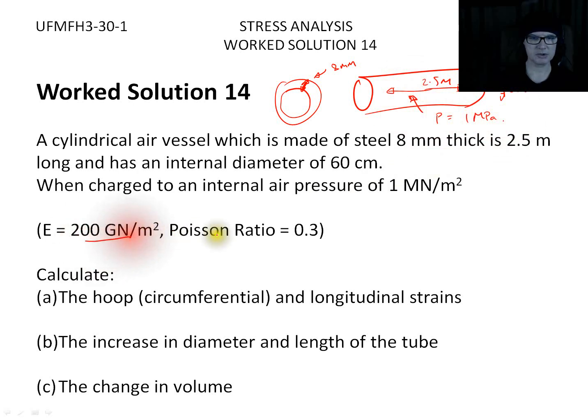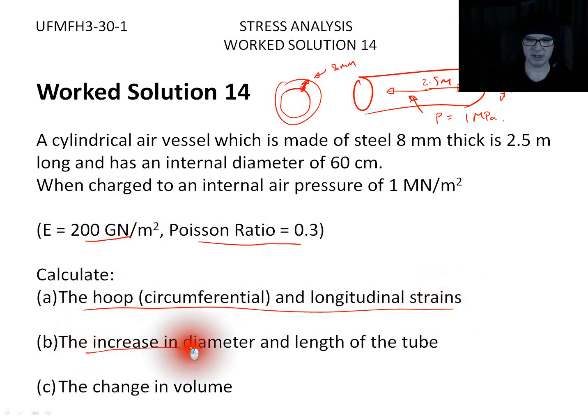We've got some Young's modulus values, Poisson ratio, and we're being asked to find the hoop and longitudinal strain, the increase in diameter and the length of the vessel, and the change in volume.